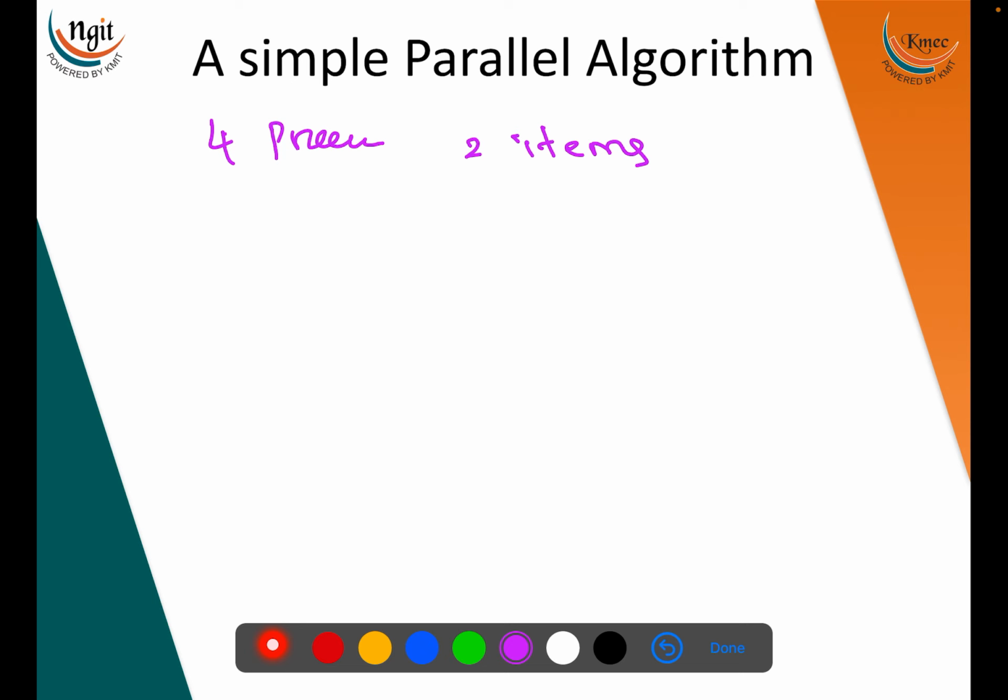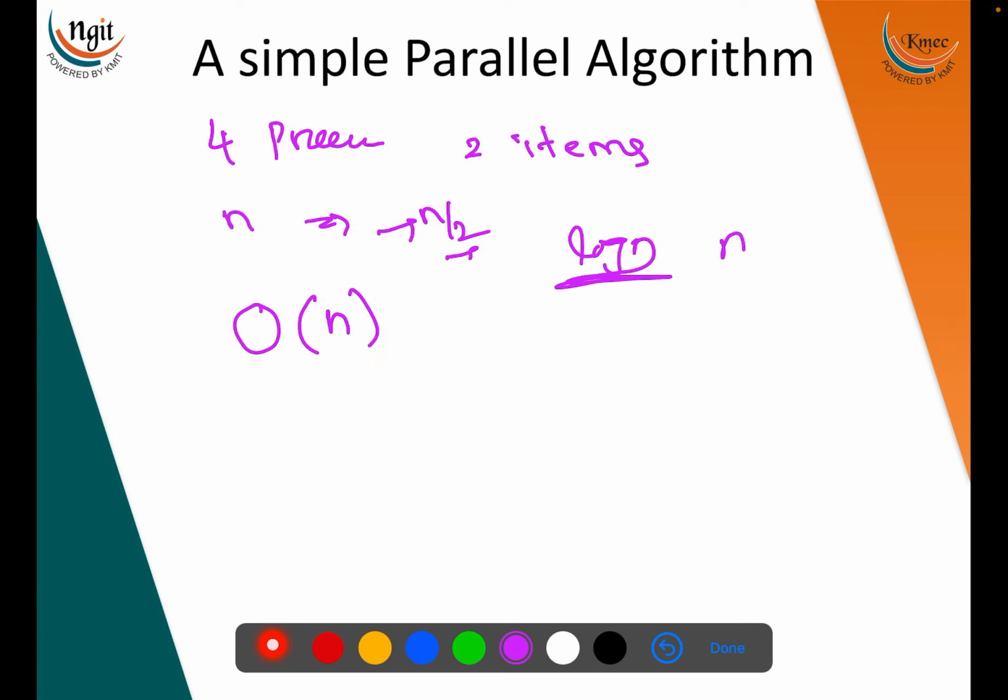Now, the total elements are n. Now that n is divided into half, that means n is divided into n by 2. If you apply logarithm on both sides, log n steps are required for adding n numbers. The processor requirement is order of n. Now, the time complexity is order of log n.